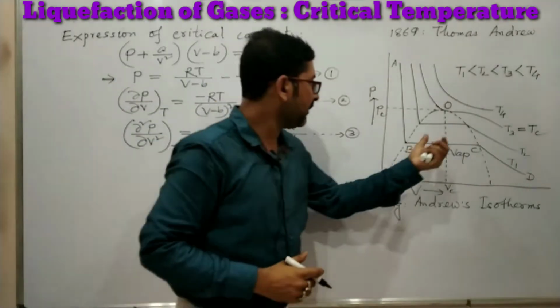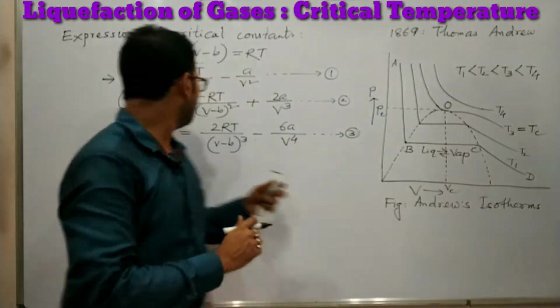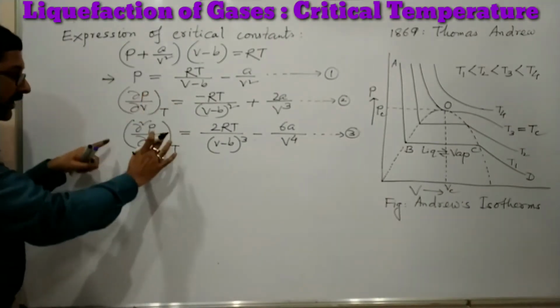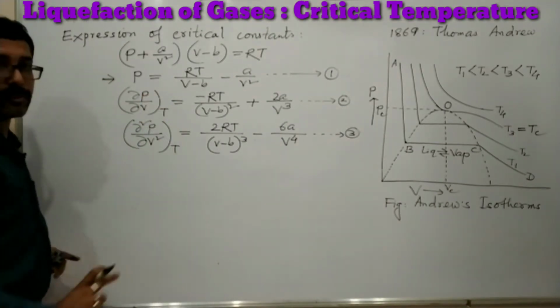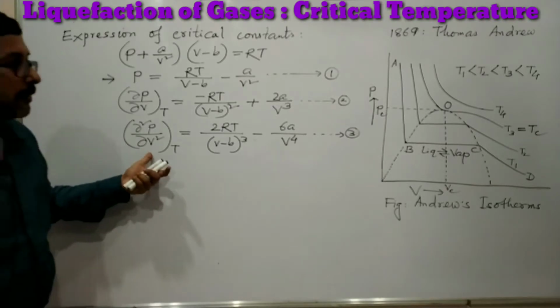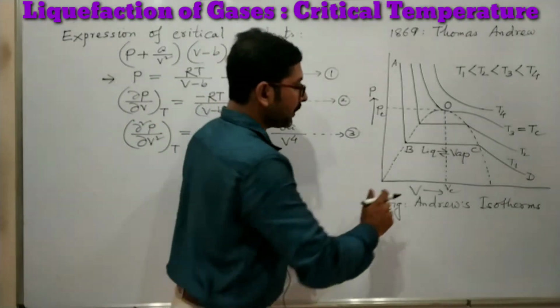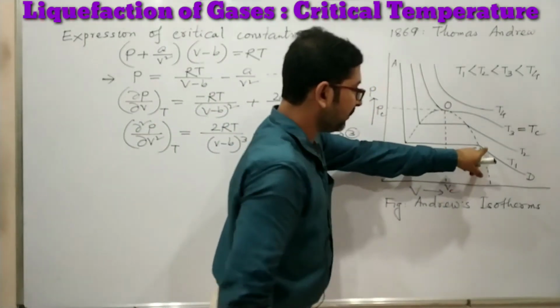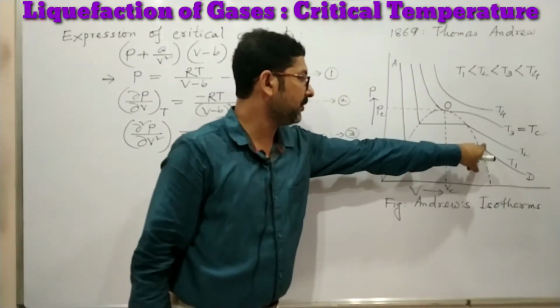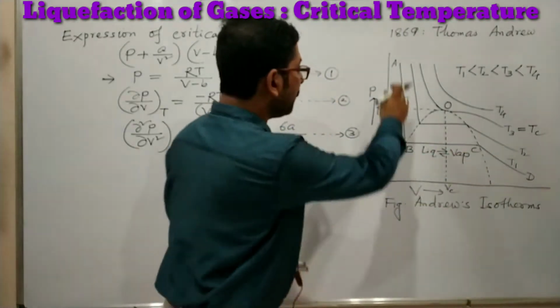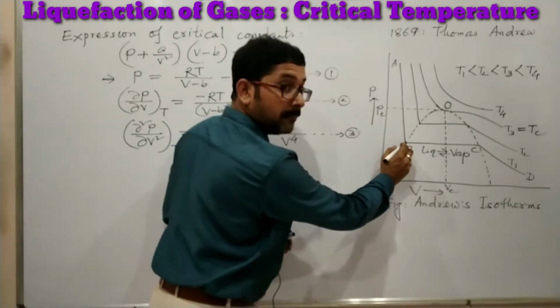Now, as I say, at the critical point, this slope is 0 and definitely this one is also 0. Why is this one 0? Because look at here, for the gaseous phase, this is the maxima, and for the liquid phase, this is the minima.